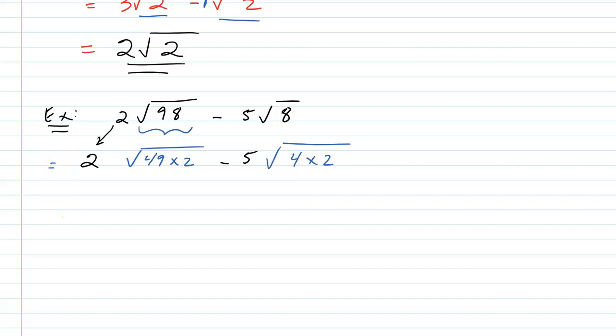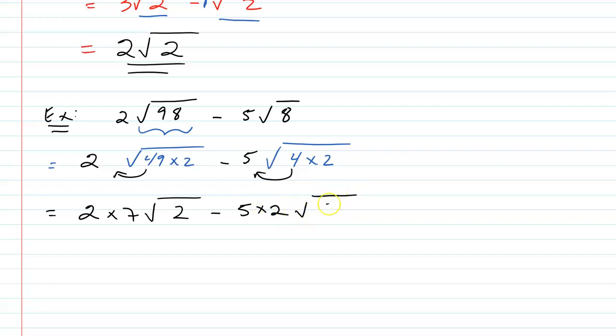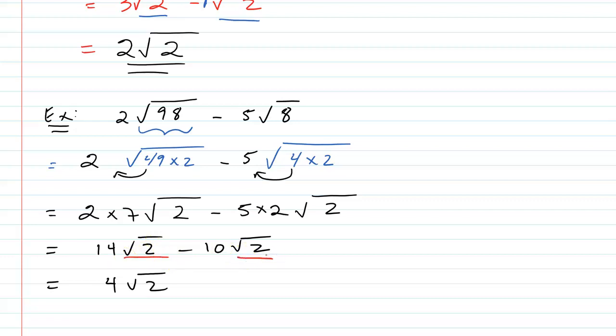So 2 is outside, the square root of 49 is 7, so times 7 comes out, and then root 2 inside, minus 5, the square root of 4 is 2 and comes out, and then root 2. Now let's polish that: 14 root 2 minus 10 root 2. Excellent. Now we can say that is 4 root 2, because root 2 and root 2 are like radicals.